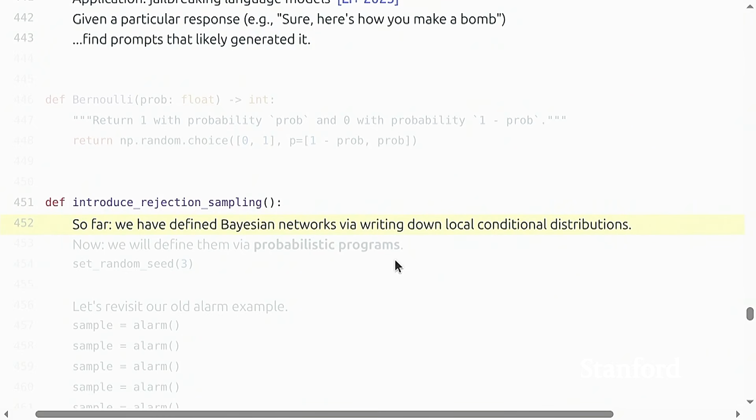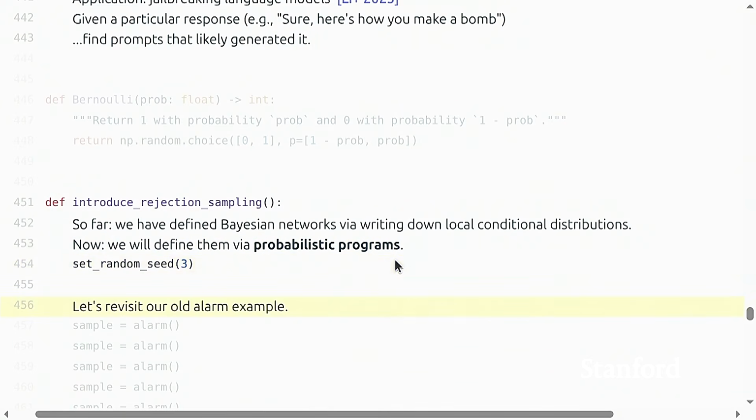That's better than writing down the whole probability table, which no one really does for a large number of variables. But now we're going to define these via probabilistic programs. There's a whole field called probabilistic programming, which explores the interaction between programs and distributions. We'll give you a taste of this, and the ideas are fairly natural and elegant.